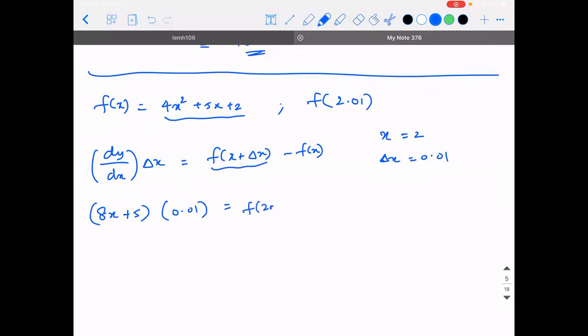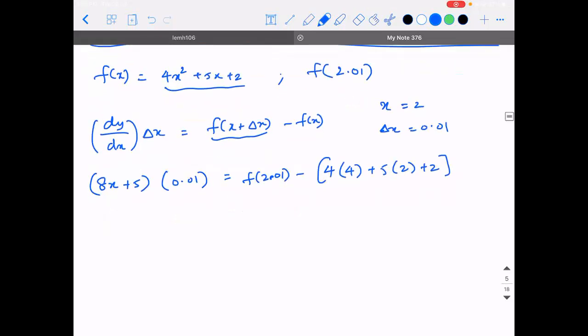That is f of 2.01 minus f of x, which is 4 into 4 plus 5 into 2 plus 2. So take this 2 and substitute it here. 16 plus 5, 21, into 0.01 is equal to f of 2.01 minus 16 plus 10 plus 2, 28.